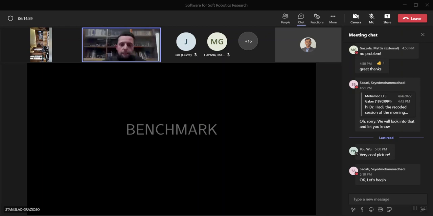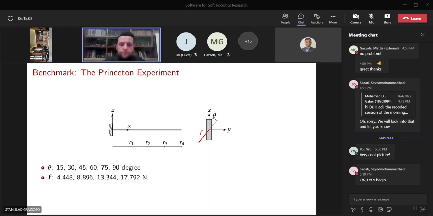Here are some very simple benchmarks, also from previous literature. For validating the beam element, we have the so-called Princeton experiment, which is a standard example to validate beam theories.